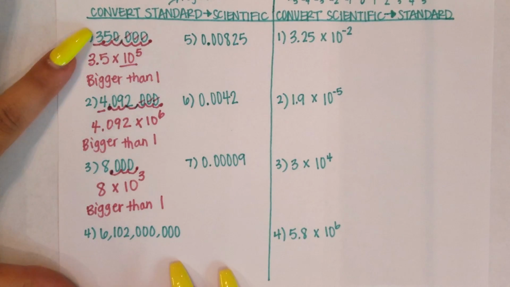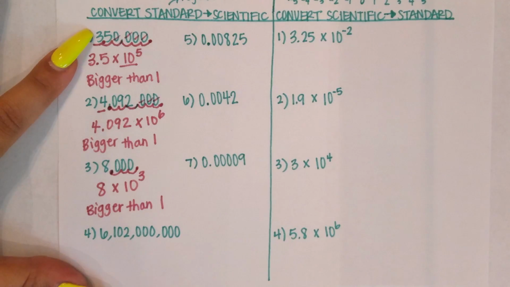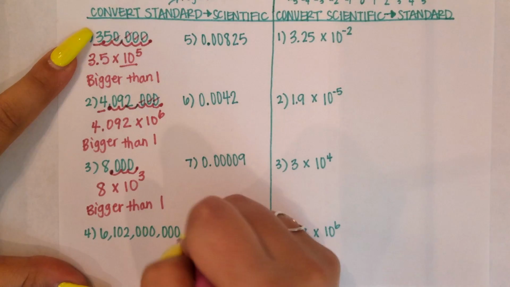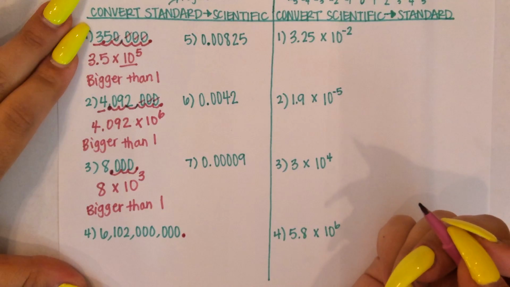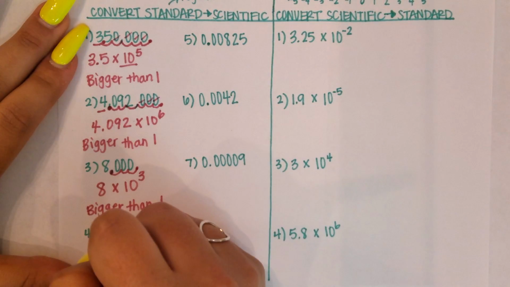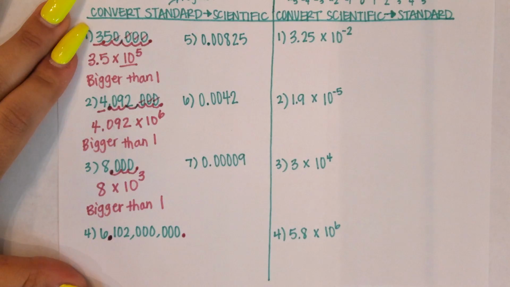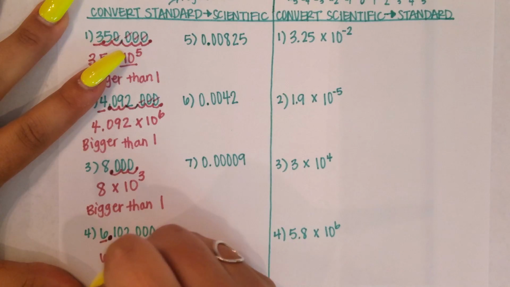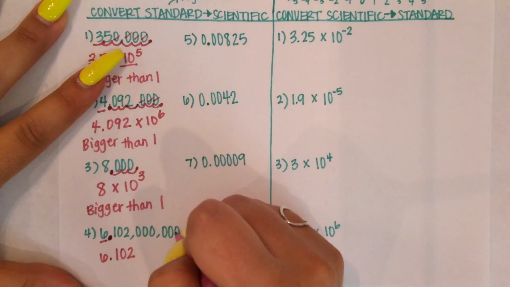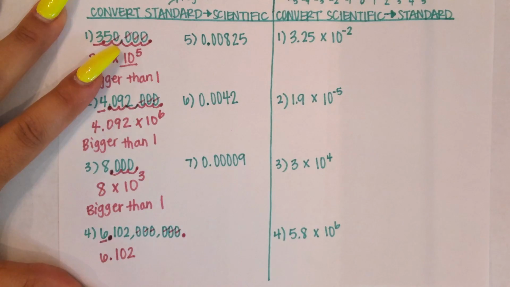Number 4. Okay, so it doesn't have a decimal, so I'm going to add one at the end. I want to move it to where I only have one number to the left. So I'm going to move it between the 6 and the 1. So I only have one number to the left. So I have 6.102. So I can cross off the zeros that are at the end.